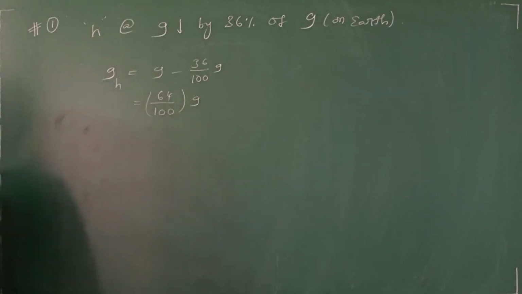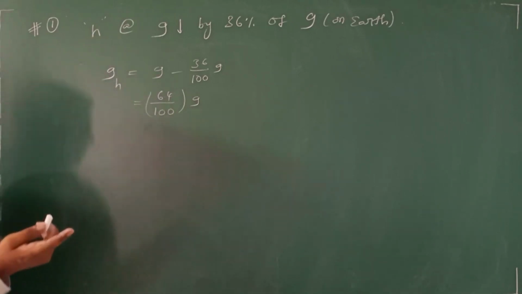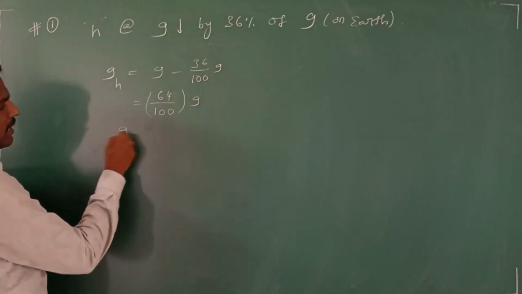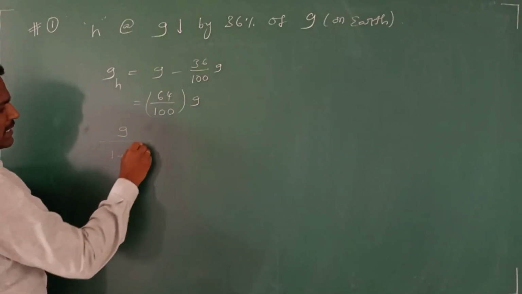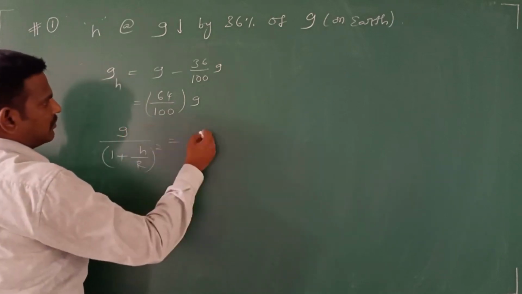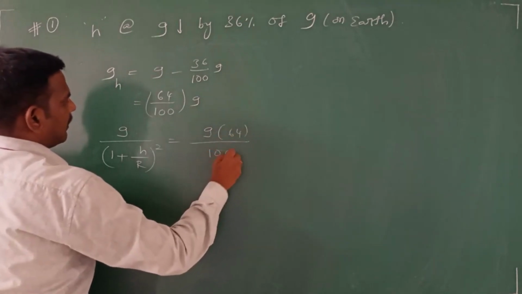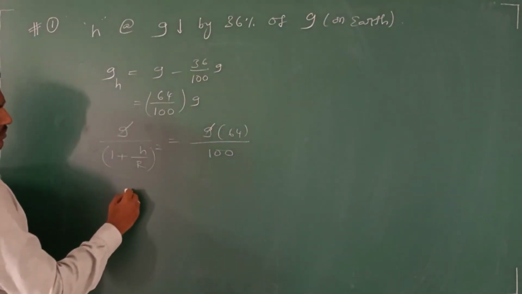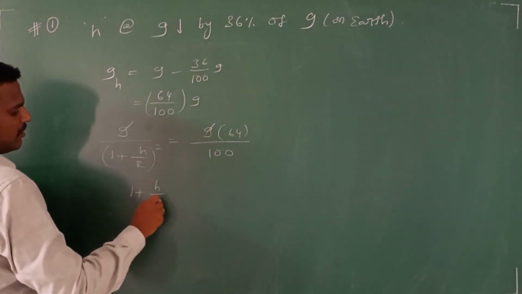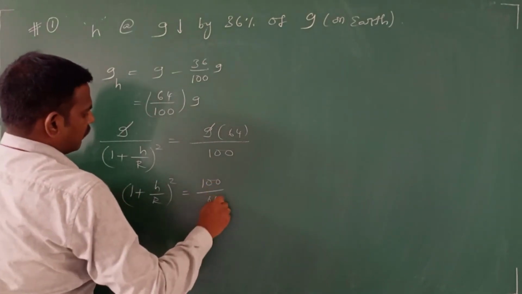No, that only you have to find out actually. Then what is the formula I asked to use? If you don't have any information about the height, then you have to go with the formula g upon (1 plus h by R) whole square. And now that will be equal to, according to the given problem, g into 64 divided by 100. Now g can cancel out. And (1 plus h by R) whole square will be nothing but 100 by 64.